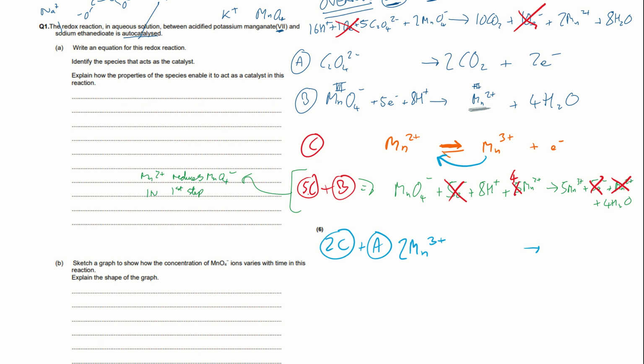It's going to make 2 Mn2+, and that takes in 2 electrons. Now I need to add my A, plus C2O4 2- ion, and that goes to make 2 CO2. And again, those 2 electrons there.